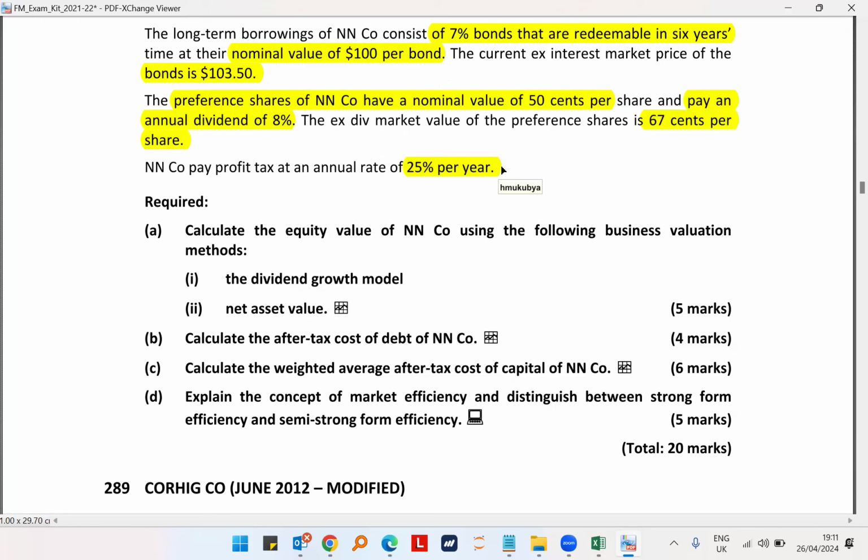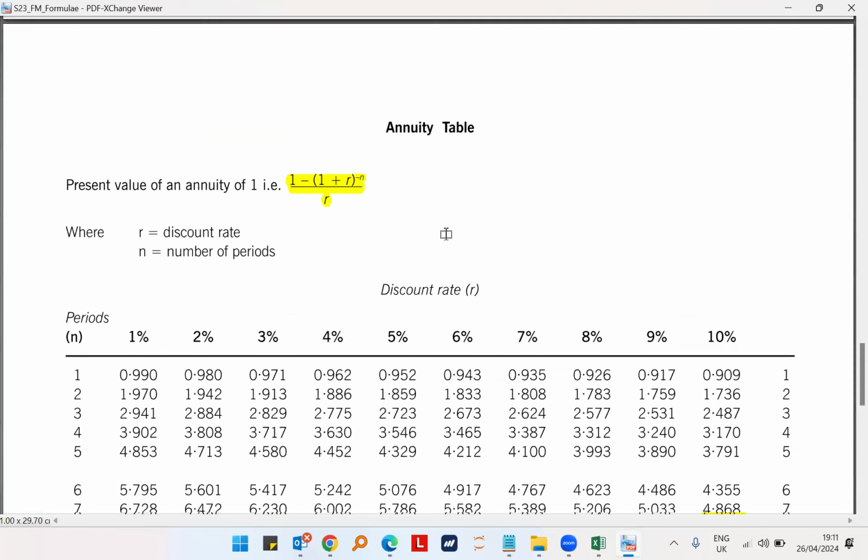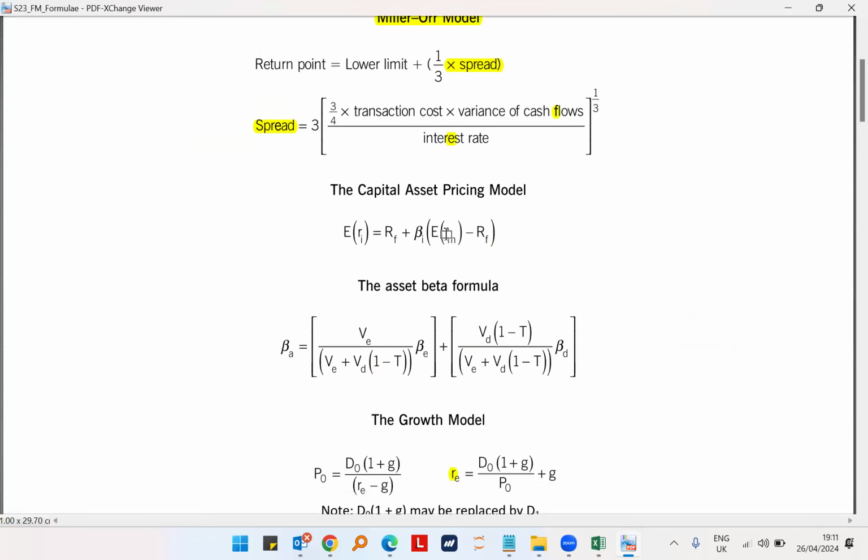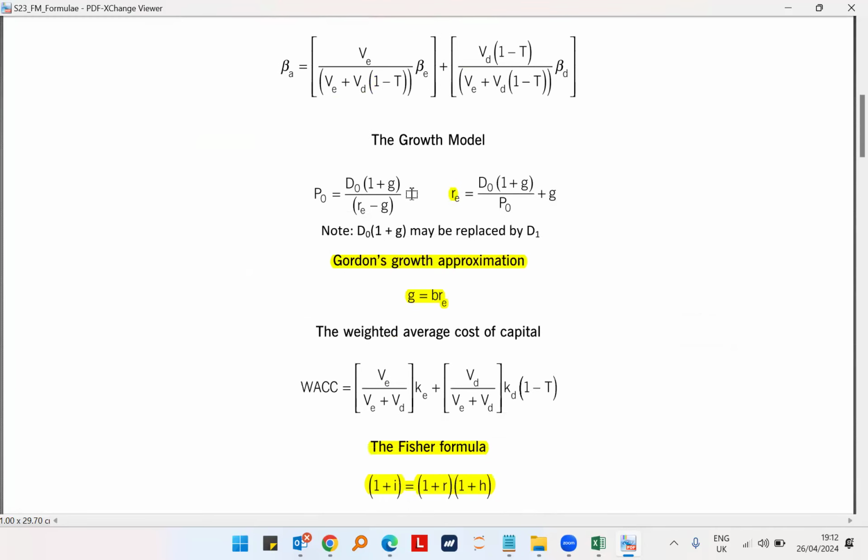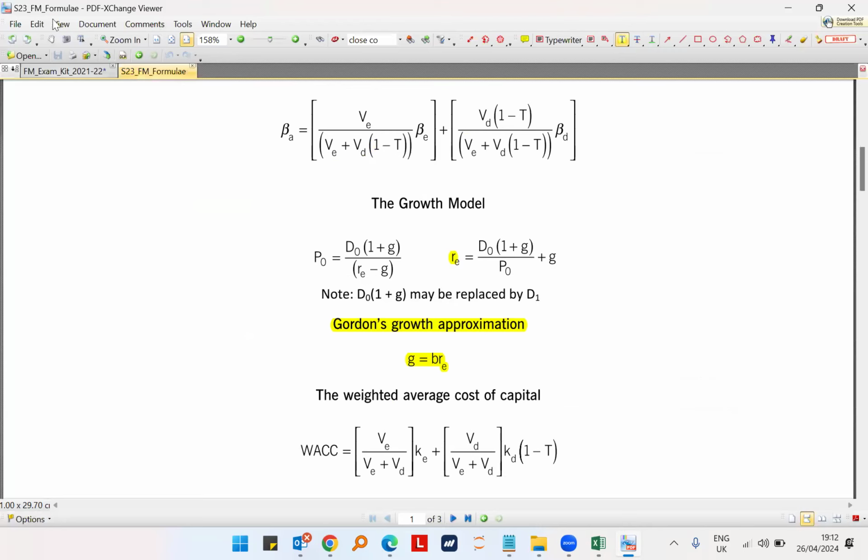They want us to calculate the equity value of NN using the dividend growth model. The dividend growth model is one of the formulas that are given to us in the exam. This is the formula that I'm referring to.